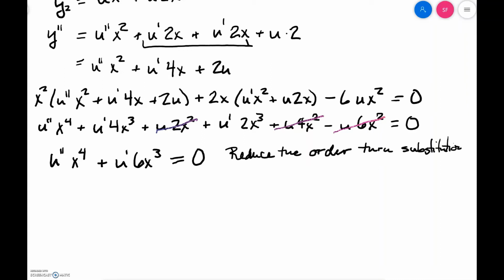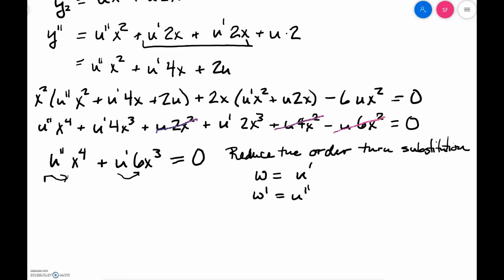And normally we would do a u substitution, but we've already used u. So let's let w equal u prime. If I let w equal u prime, then w prime would be u double prime if I take the derivative of both sides. So sticking that in, I'm going to switch these orders.